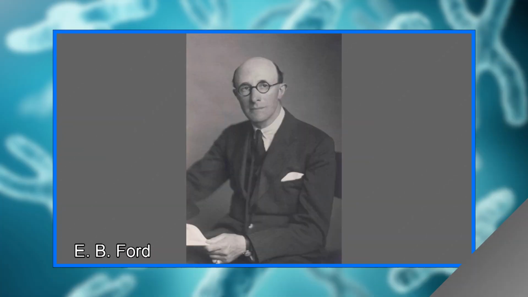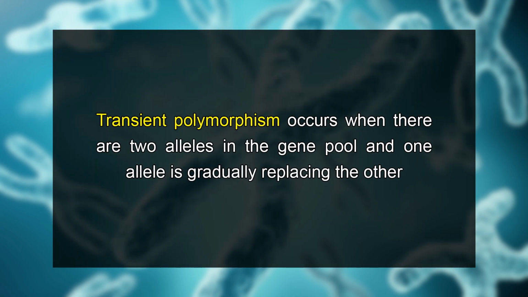The term balanced polymorphism was coined by one of the prominent ecological geneticists, E.B. Ford, who divided selective polymorphism into two categories: transient polymorphism and balanced polymorphism. Transient polymorphism occurs when there are two alleles in the gene pool and one allele is gradually replacing the other one.